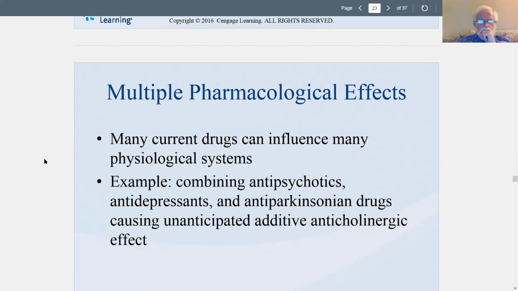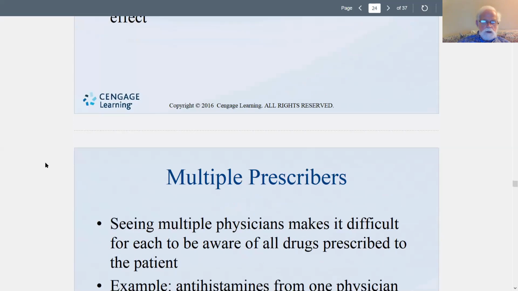Patients that have severe CNS diseases might be taking an antipsychotic, an antidepressant, and possibly, as we talked about before, an anti-Parkinson drug for the side effects of the other two. But all of these have what we call an anticholinergic effect, which interferes with another biological pathway, and that additive effect can be very negative.